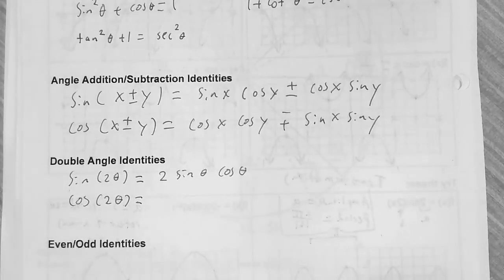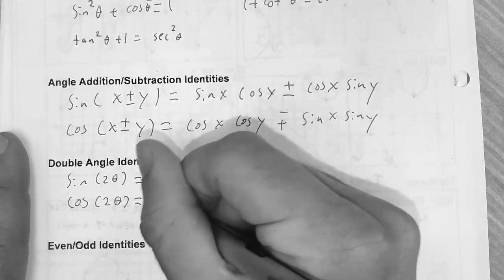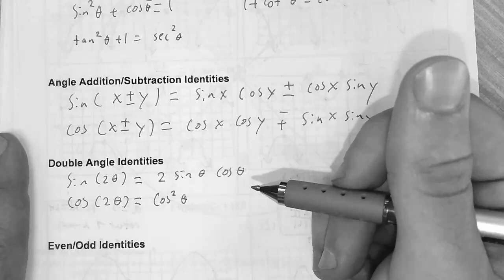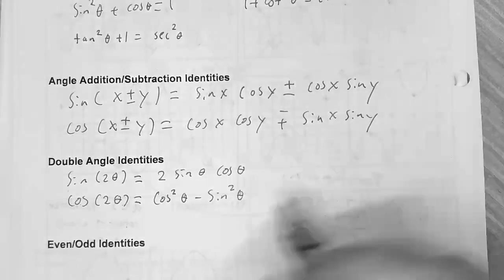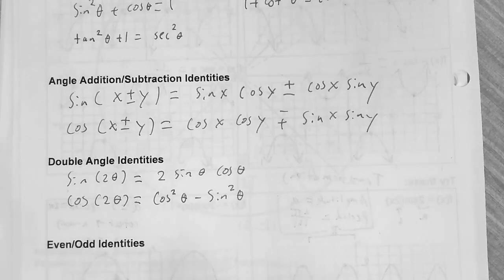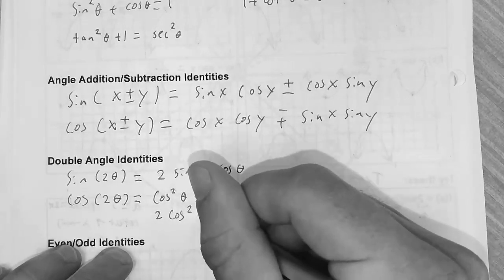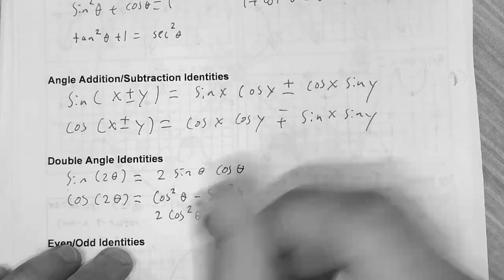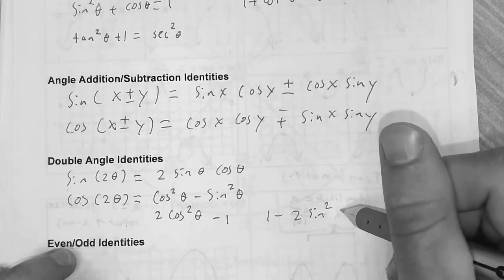You only really need to know this one, and then we can use the Pythagorean identity to get the two other forms, which are 2 cosine squared theta minus 1 and 1 minus 2 sine squared theta.